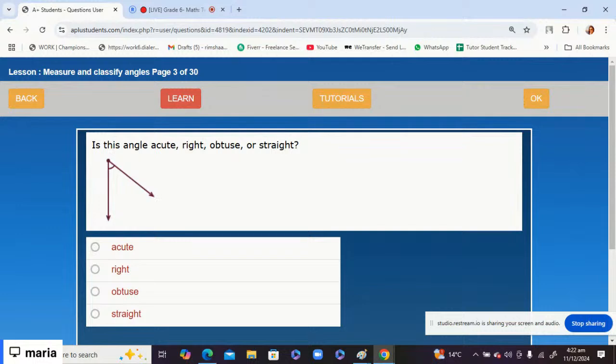I also again gave you the hint. It's not a straight and it's not a right angle, the 90-degree angle. So it's acute or obtuse. There are two options. Check it out. Less than 90 or greater than 90. It's less than 90. So it's acute.